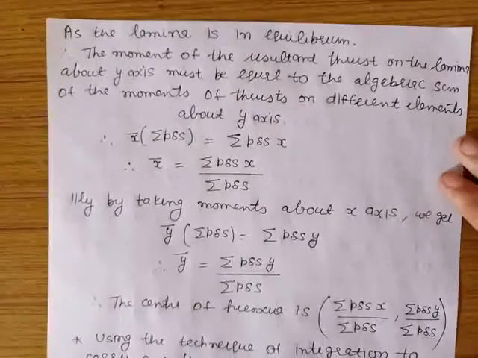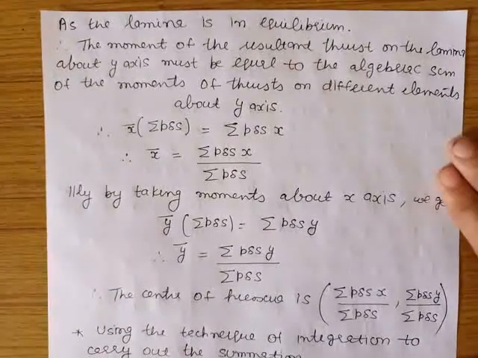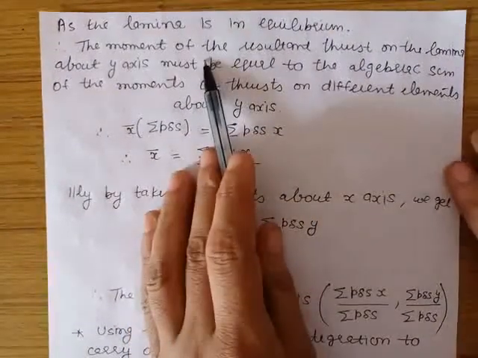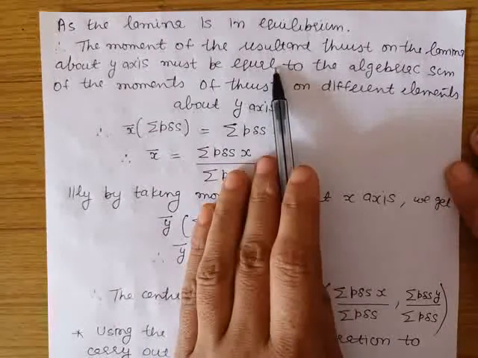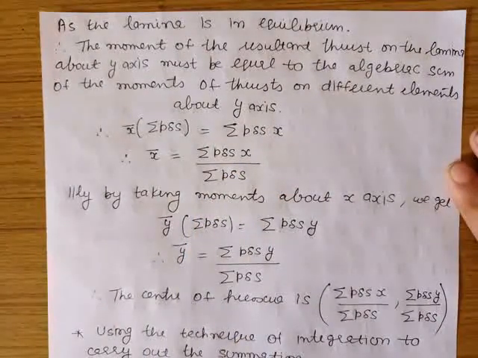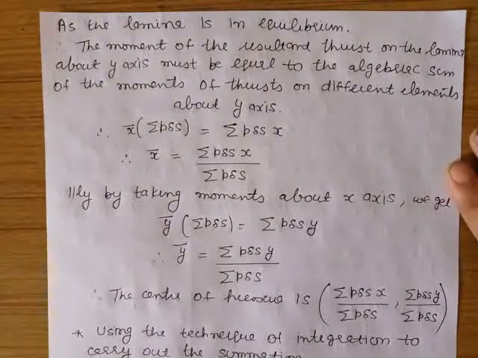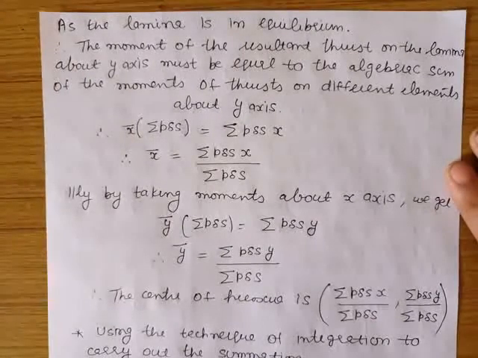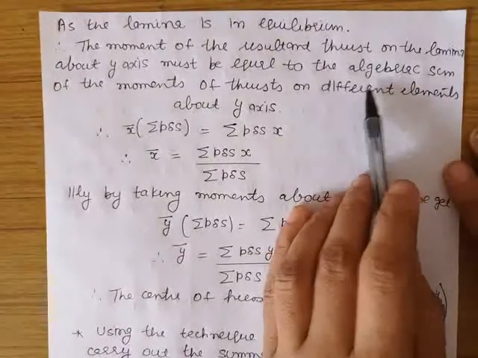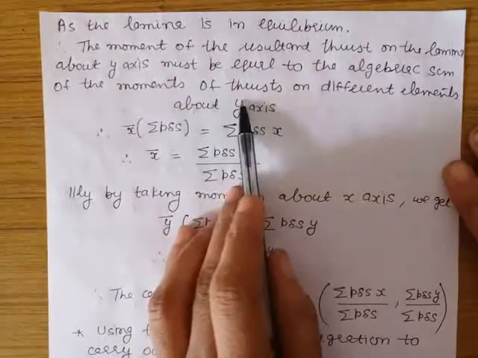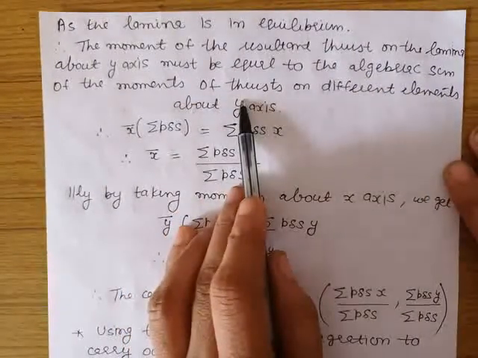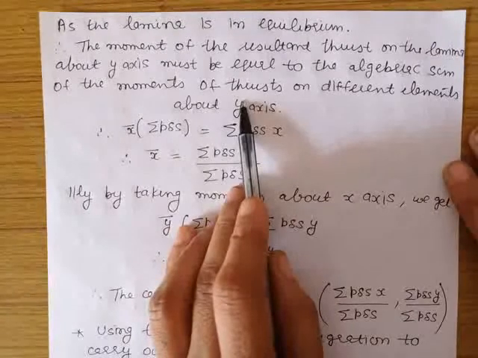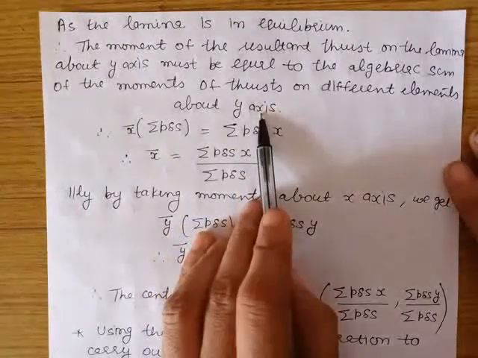Now, because the lamina is in equilibrium, the moment of the resultant force on the lamina about the y-axis will be equal to the algebraic sum of moments of the thrusts on the different elements about the y-axis.